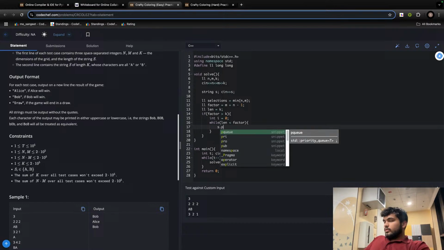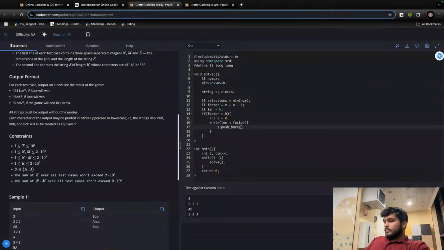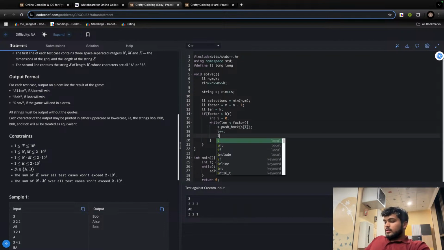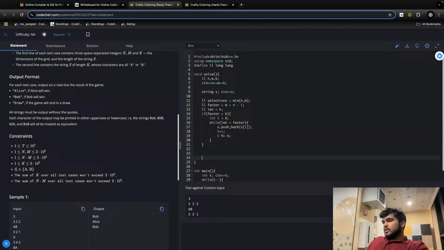We need to push back this, and then we'll take the mod to maintain the cyclicity. Now after this we will have the length of the string at least equal to the factor.